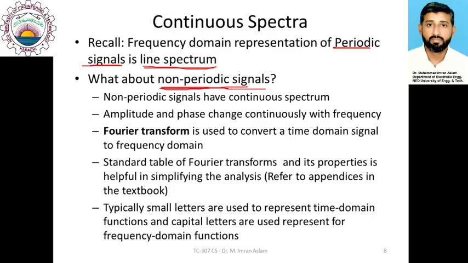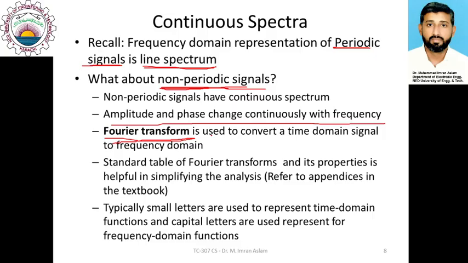Rather, they have continuous frequency components. Their spectrum varies continuously with respect to frequency, so both amplitude and phase change continuously in the frequency domain. This transformation from time domain to frequency domain is mathematically achieved using the Fourier transform.